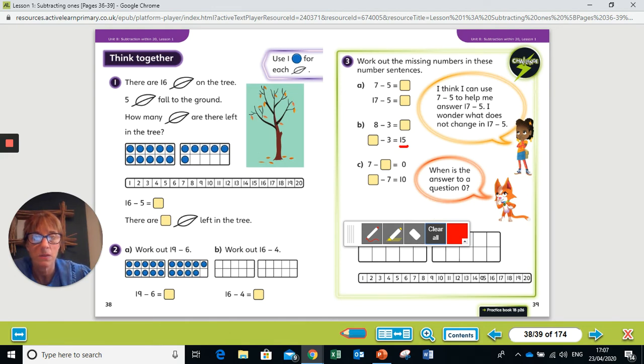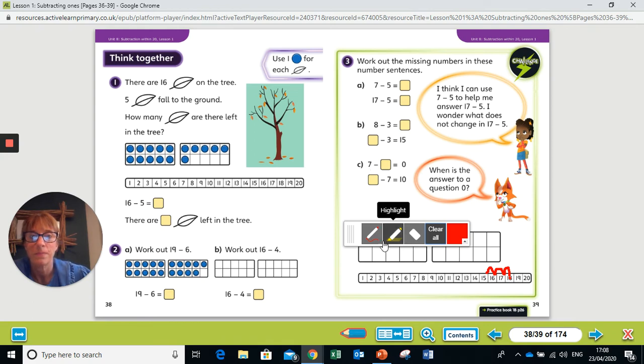So if we start at 15 and we add 3 to that, our starting number must be 18, because 18 take away 3 is 15. I'm going to do that one again. 18 take away 3, 1, 2, 3 is 15.